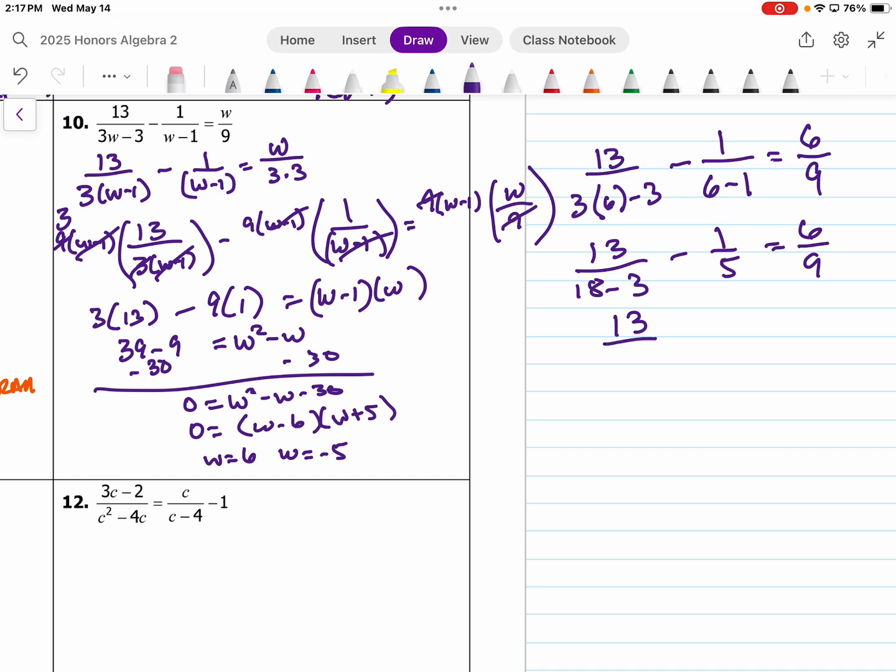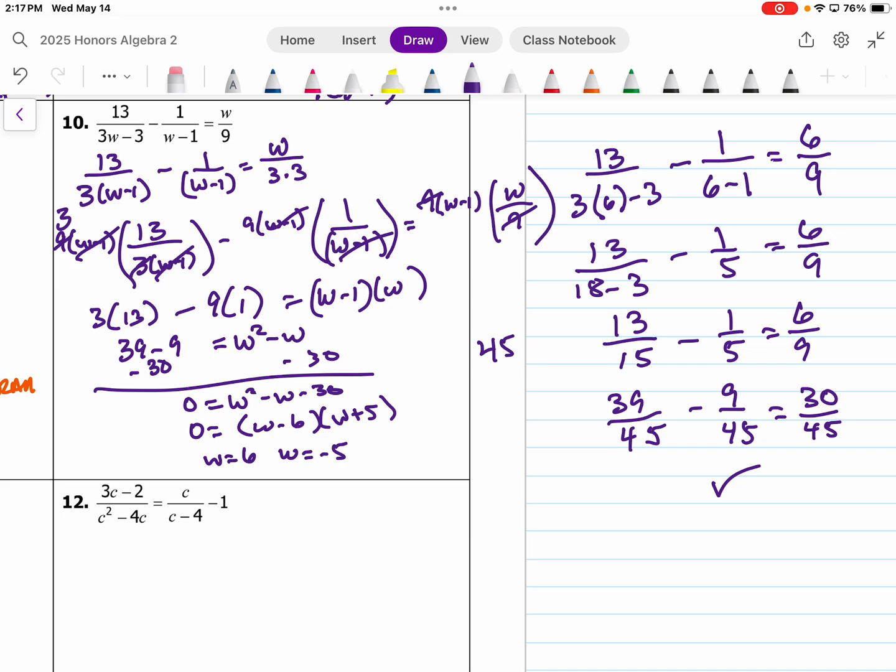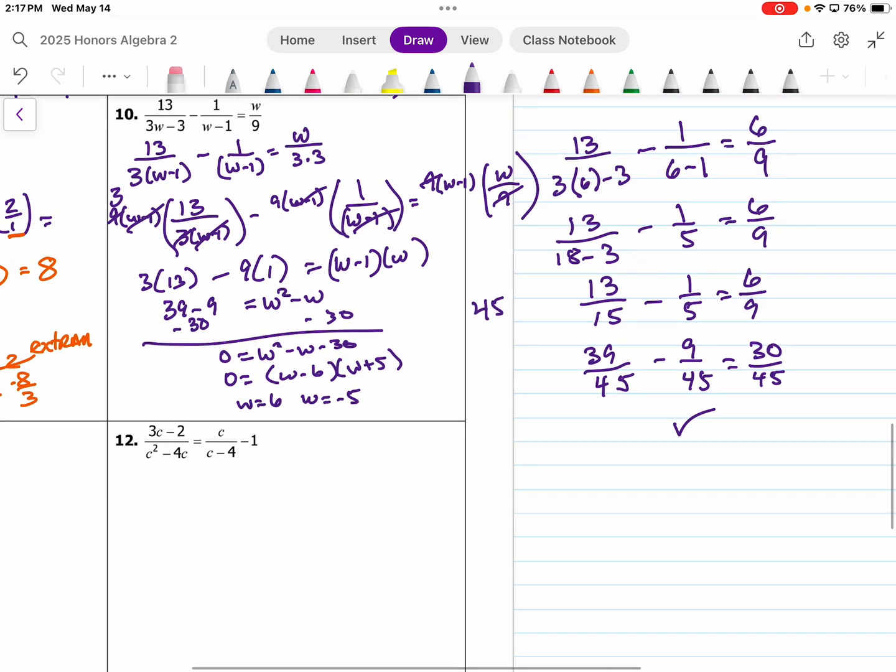Is 13/15 minus 1/5 equal to 6/9? The first common multiple is 45. So is 39 over 45 minus 9 over 45 equal to 30 over 45? You betcha. So we know that one worked.